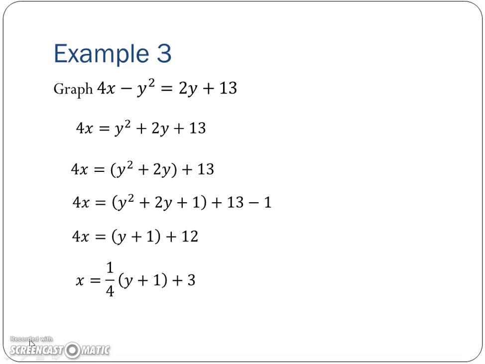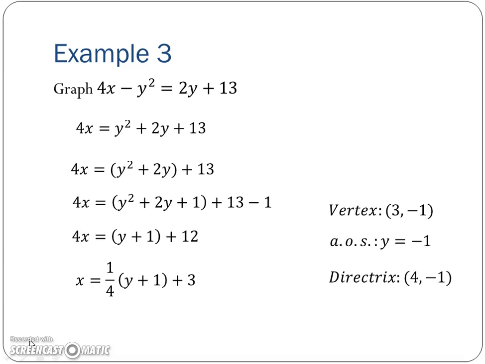We know that our vertex is 3, negative 1. Our axis of symmetry, since it's x equals, is y equals negative 1. The focus is 3 plus 1 divided by the quantity 4 times 1/4, comma negative 1. 1 divided by 4 times 1/4 is 1, plus 3 is 4, so the focus is at 4, negative 1.